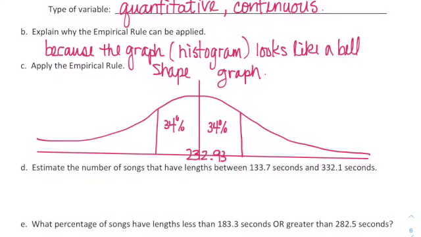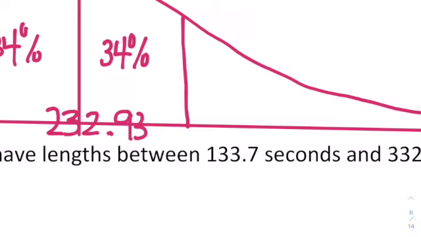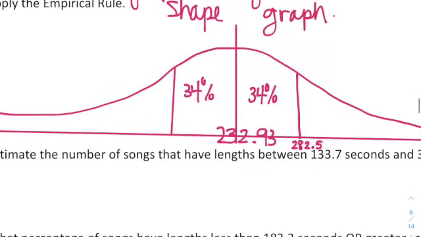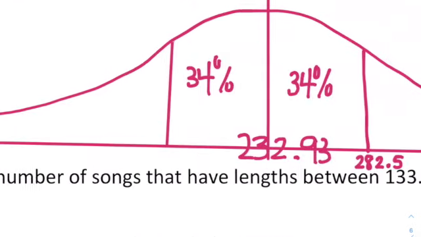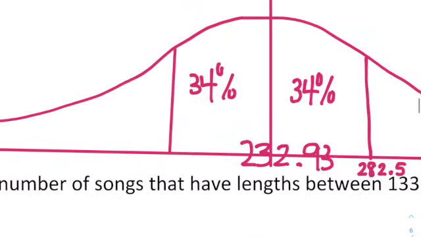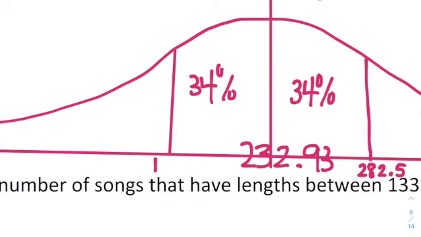So that is going to be 282.5, and the other side is going to be 183.2. And that's within the first interval of 68%.